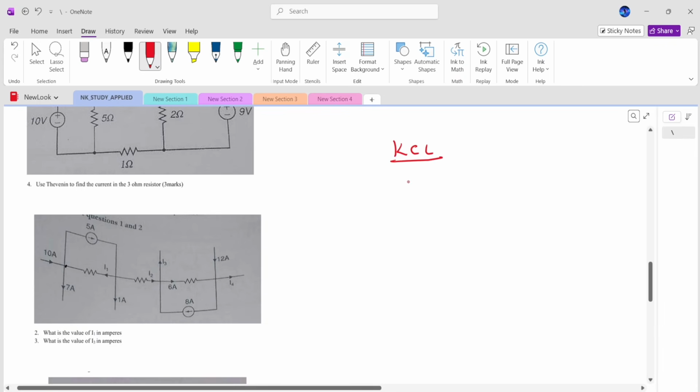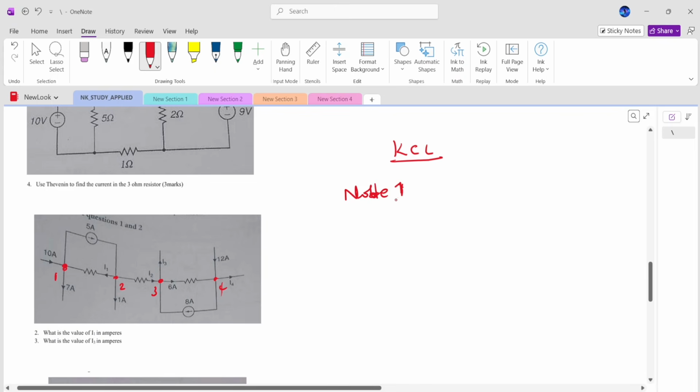KCL says the sum of current that arrive at a node is equal to the sum of current that leaves the node. Or you can say the algebraic sum of current at a node is equal to 0, right? So for this one, we can identify several nodes, right? So let me give them names. I'll call this node 1, node 2, node 3, just for the sake of what we are doing. Node 4, right?